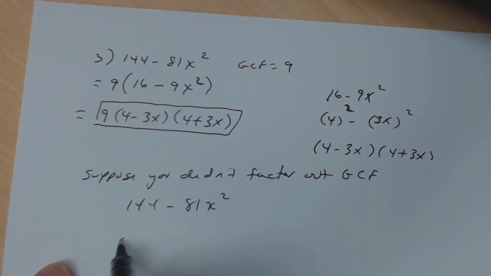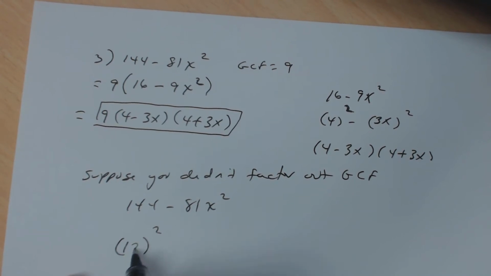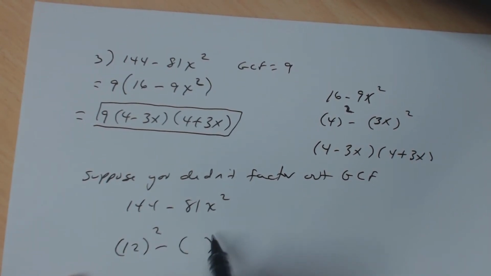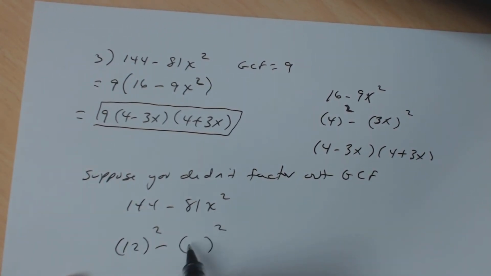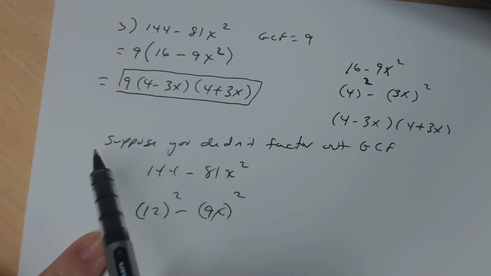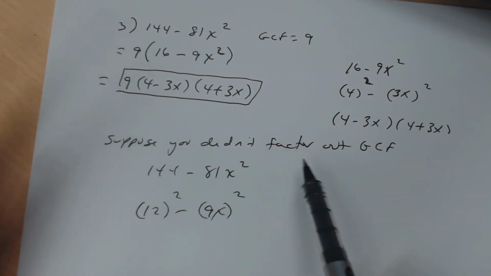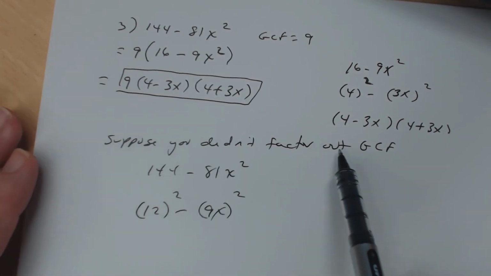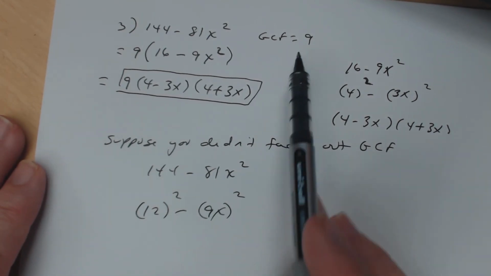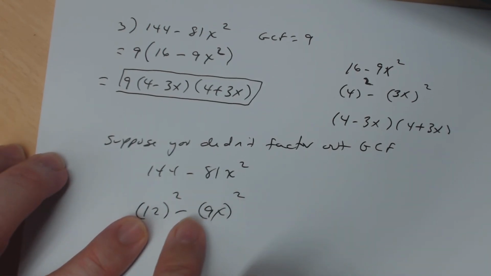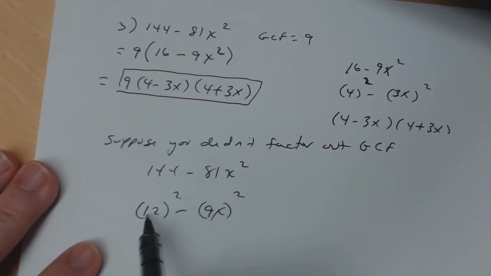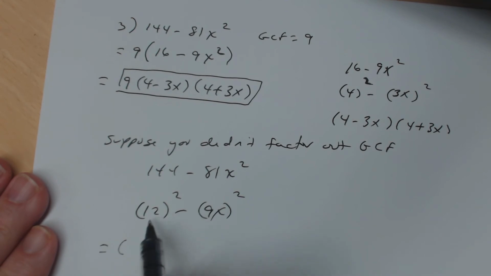So in other words, 144 is 12 squared minus, and then 81x squared is 9x squared. Okay? So if you forgot, and you really shouldn't, but if you forgot to factor out the GCF of 9, you would have this, and then you would say, all right, so this is the difference of two squares, so I'm going to get 12 minus 9x times 12 plus 9x.